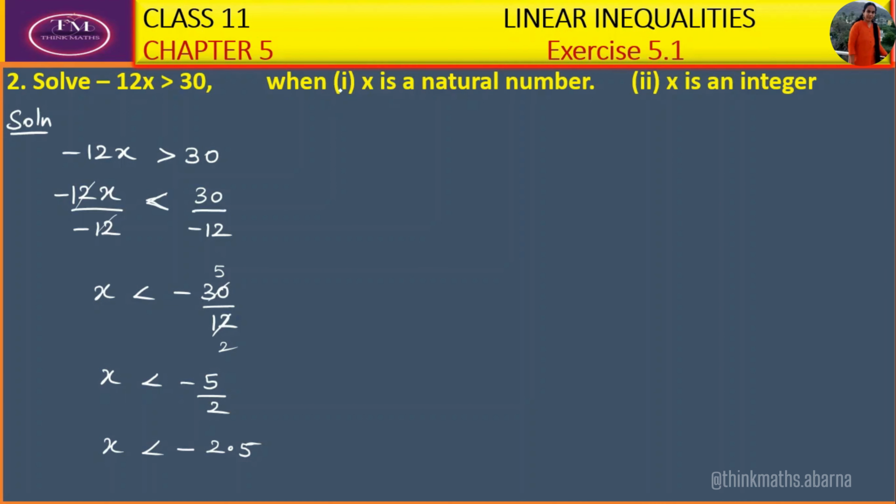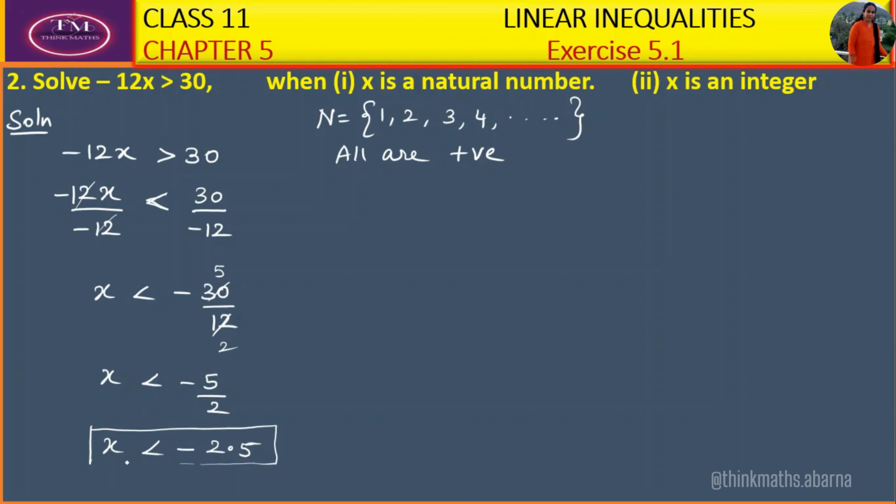Okay. Now for the first part, x is a natural number. As we all know from the first problem, natural numbers are 1, 2, 3, 4, etc. Here all are positive numbers. In natural numbers, all are positive. But what is the condition for the inequality? Here x should be less than minus 2.5.